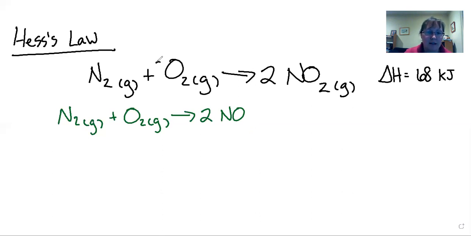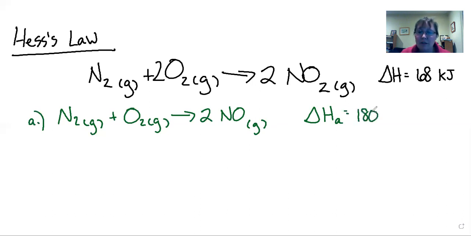I apologize. I needed that 2 up there. They have to be balanced. And it's a gas, okay? And the delta H value for this, and I'm going to call this equation A, is a positive 180 kilojoules.